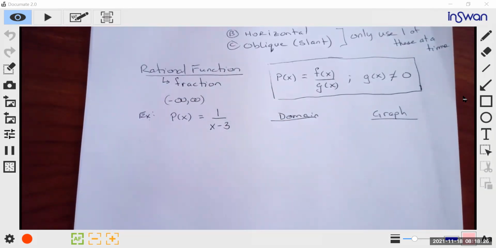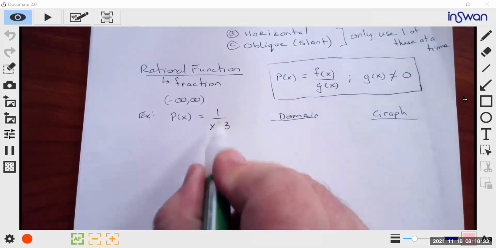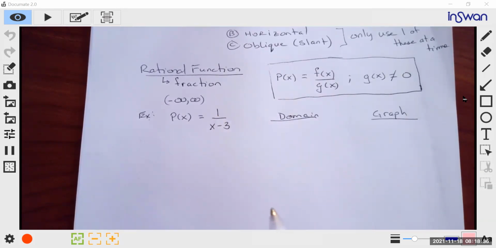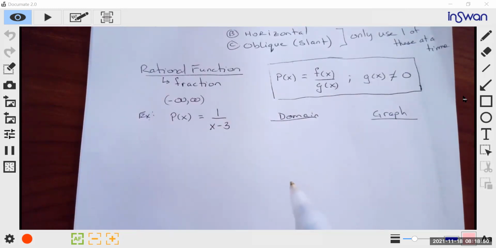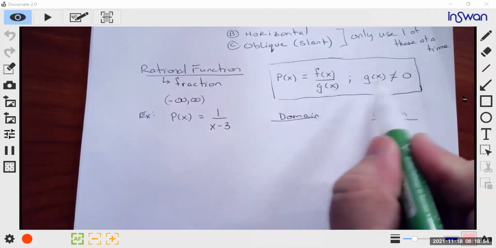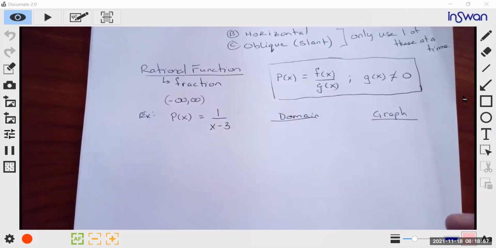That's a regular domain of a polynomial. Since we have a fraction, that changes. Look at this one. Are there any values we cannot use? Look at this box. What does it tell you? The bottom number cannot equal 0. If it's 0 on the bottom, it's undefined.